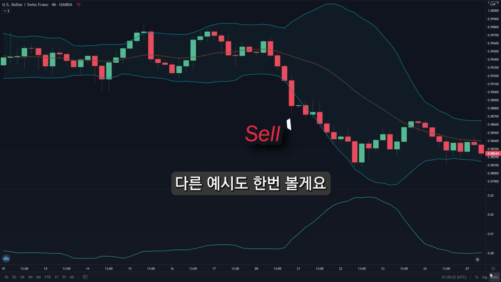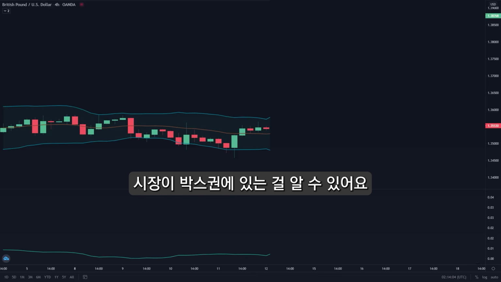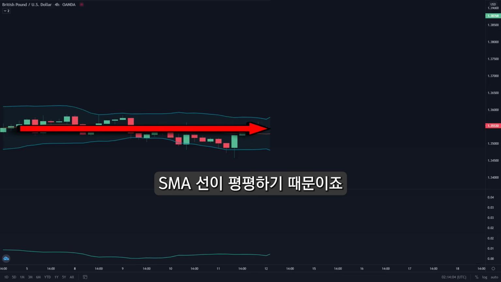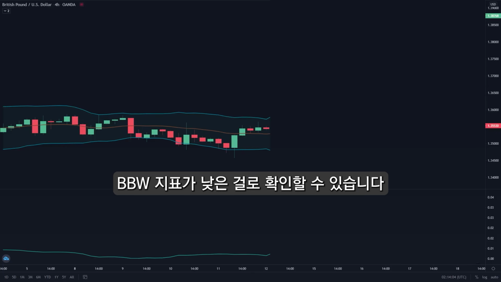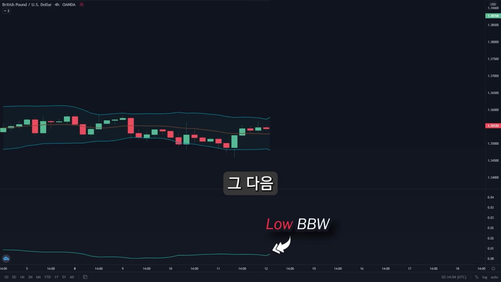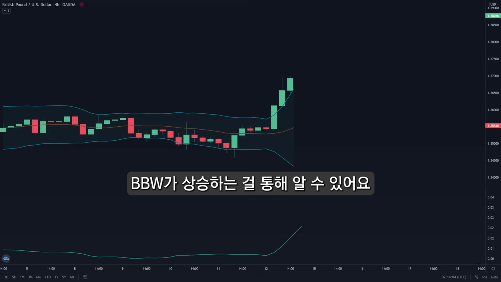Let's look at another example. In this chart, we can see that the market is in a range as shown by the flat SMA, and the gap between the two bands is close, which is also represented by a low BBW. Next, you can see that the bands are starting to expand, which can also be seen by the rising BBW.